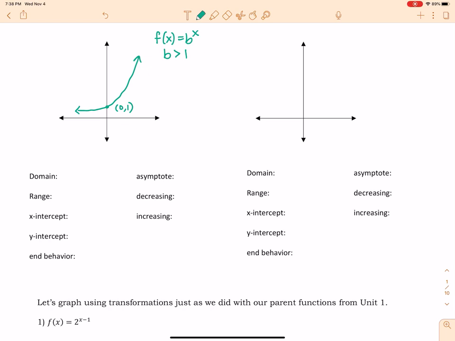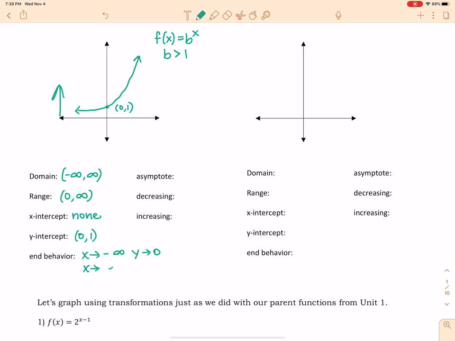The domain is going to be all real numbers. The range is going to be from 0 to positive infinity because it's just this top half here. The x-intercept, there will be none. The y-intercept is always going to be at (0, 1). The end behavior, as x approaches negative infinity, y approaches 0.